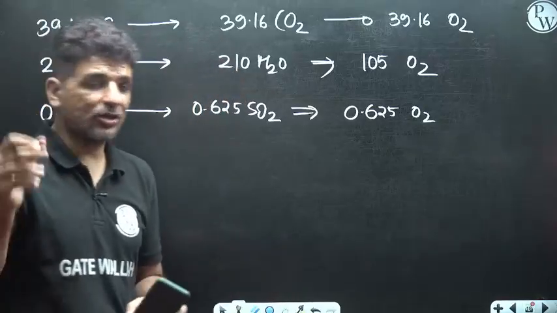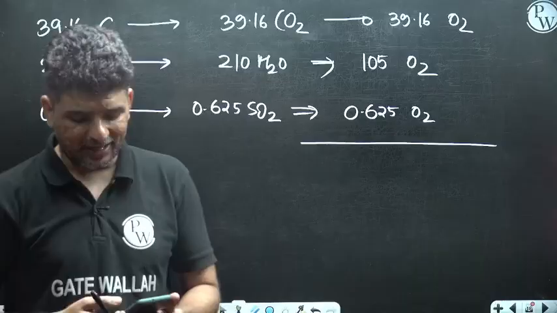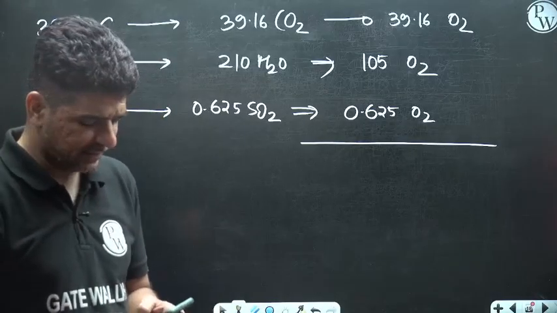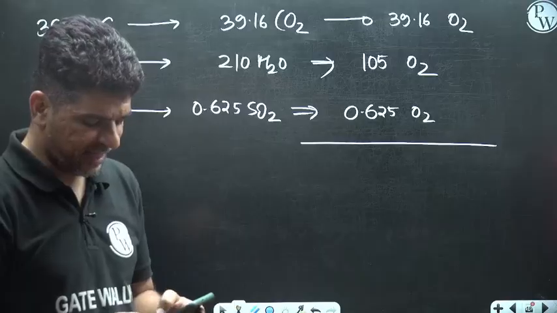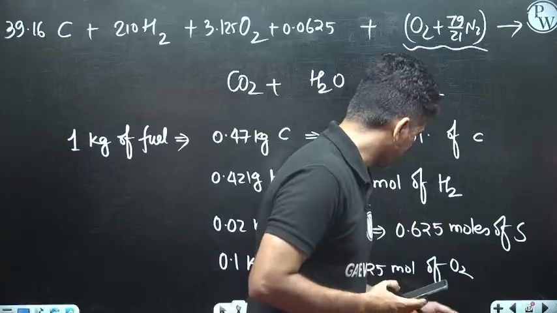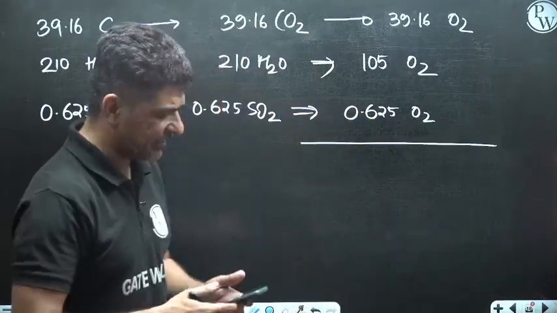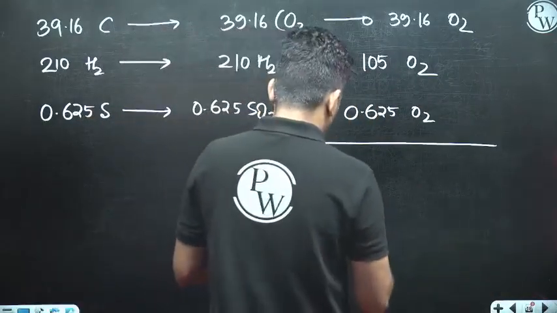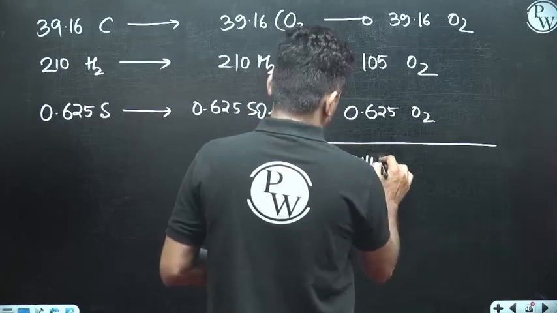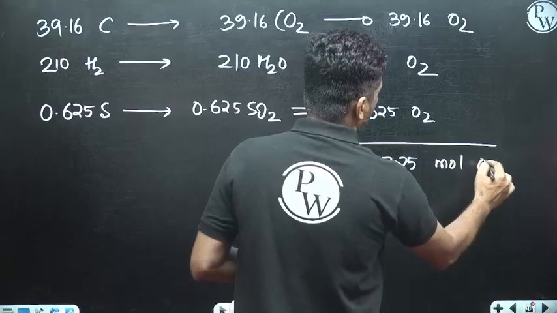So the total requirement of the moles in the reaction will be equal to 39.16 plus 105 plus 0.625. This is the total requirement, that is 144.785 moles of O2.